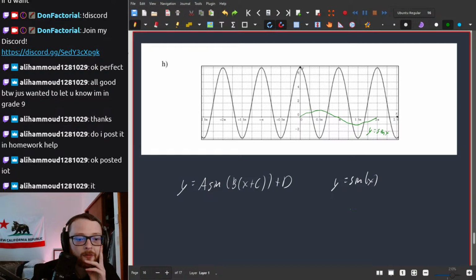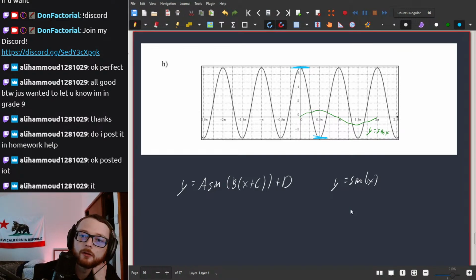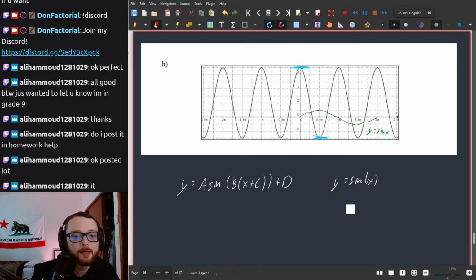So I guess where to start? Like we were talking before, I want to start with figuring out A and D, because those are usually a little easier for me to get my head around. To figure out D, our baseline, we can take the highest point, which looks like 7, and our lowest point, -3, and take the average of them.